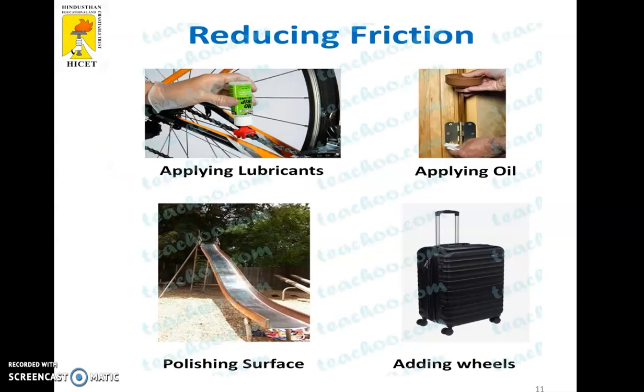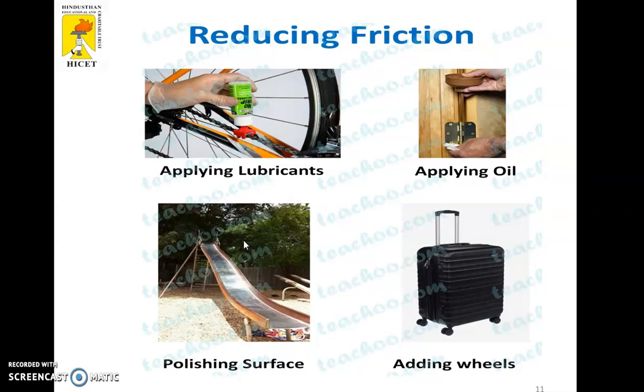Okay. The last part is how to reduce this friction, or how to rectify these disadvantages. The first solution is to regularly apply lubricants on the movable parts, such as applying oil on home doors, windows and hinges. Inside the hinges, you have to apply some oil.